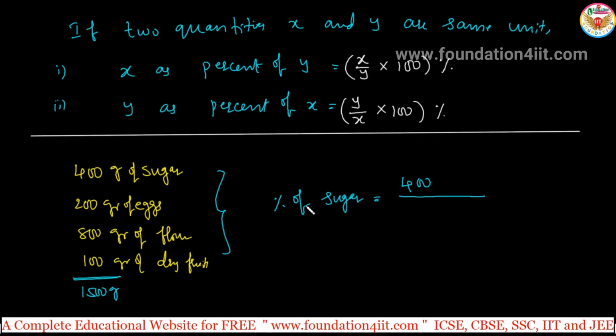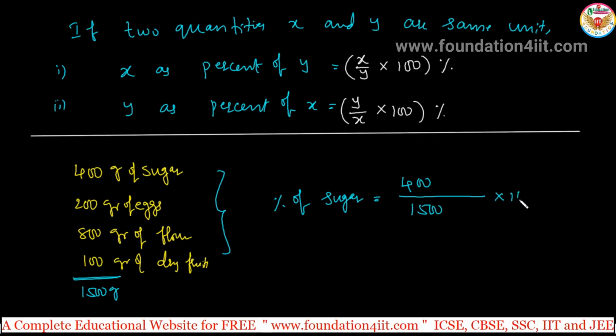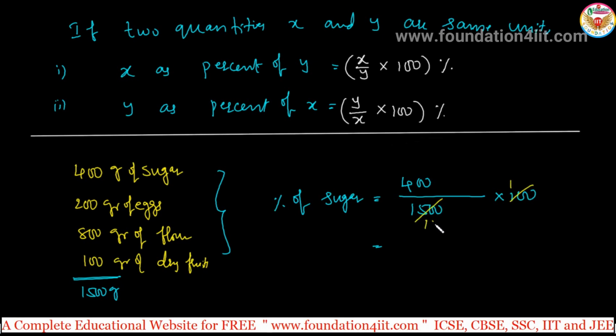So weight of the sugar by total, 400 out of 1500, into 100, you convert into percentage. Just simplify this: 100 times 15, 400 by 15. Use the 5 table: 5 threes are 15, 5 sixteens are 80, so 80 divided by 3.